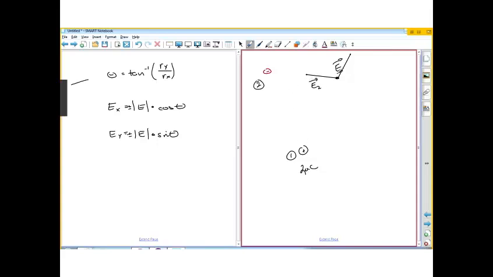And then if I wanted to find the electric field vector due to both of these charges, I would just use the principle of superposition, which means that I just add the vectors together. Then I have the resultant vector, going from tip to tail to tip here. So that's my electric field vector due to 1 and 2.